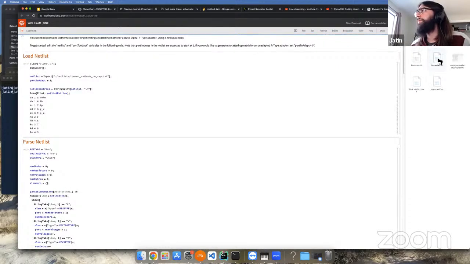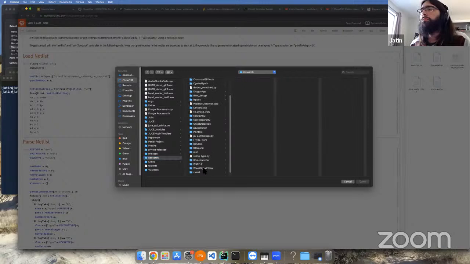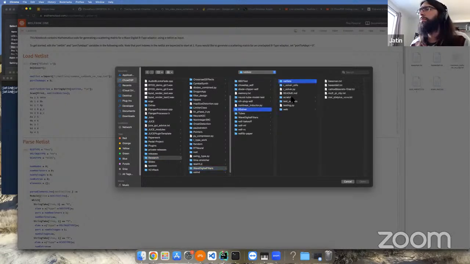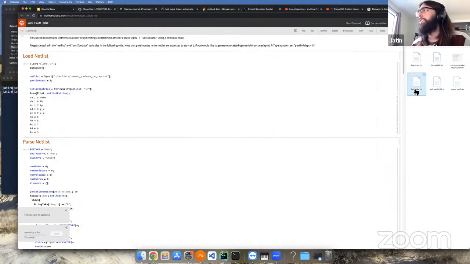And then I've got a folder for netlists. So let's upload the file there. Digital filters, RSolver, no scratch. This is our hotcake file up there. Cool. So I'll get this started, and then I'll look at the questions that we've got here.